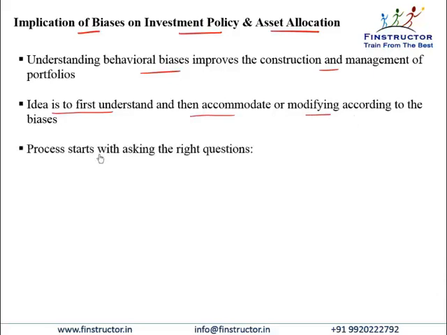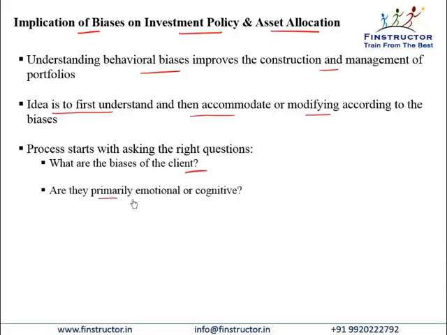The process of understanding the biases and accounting for them starts by asking the right questions. So what are the biases? Are they primarily emotional or cognitive? Emotional have to be accommodated to a larger extent, and cognitive can be mitigated with education.